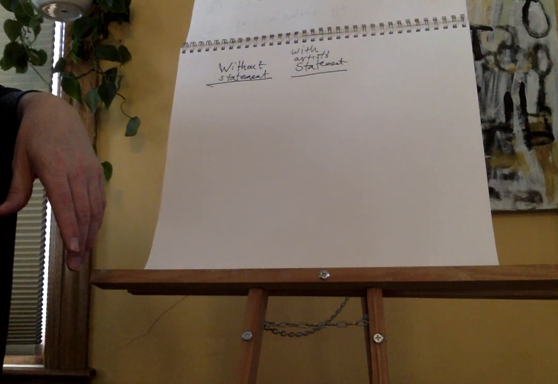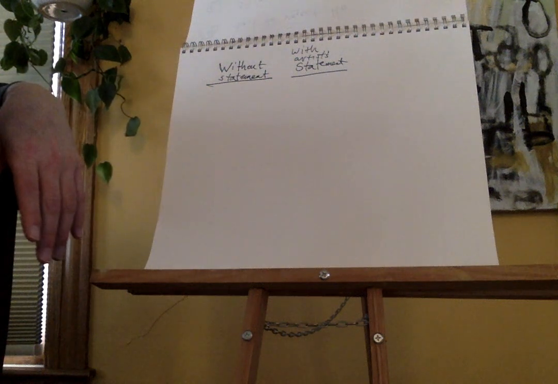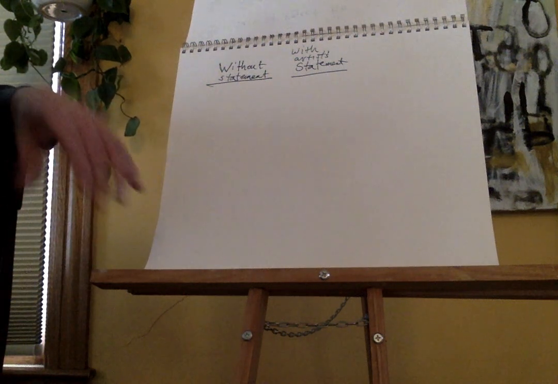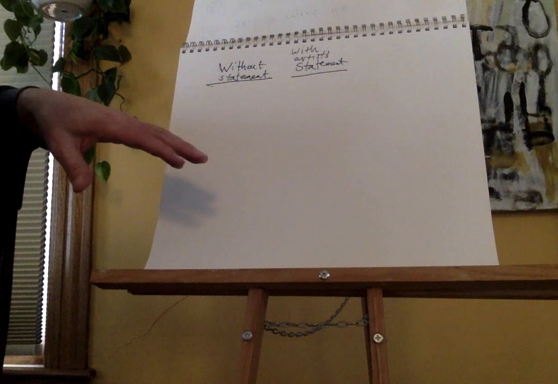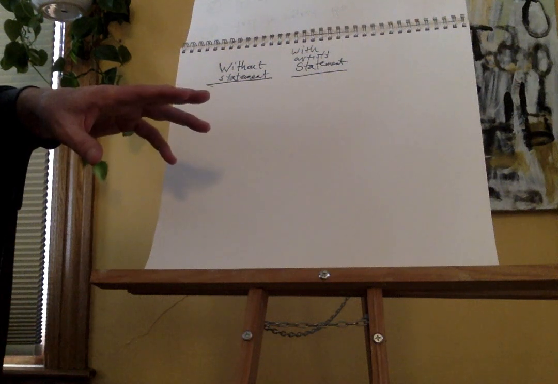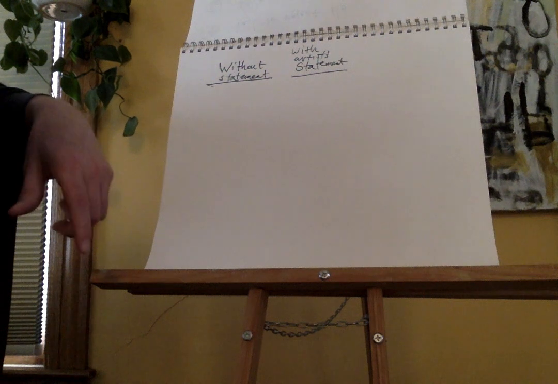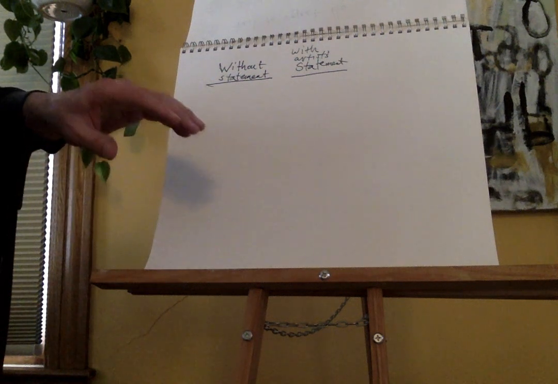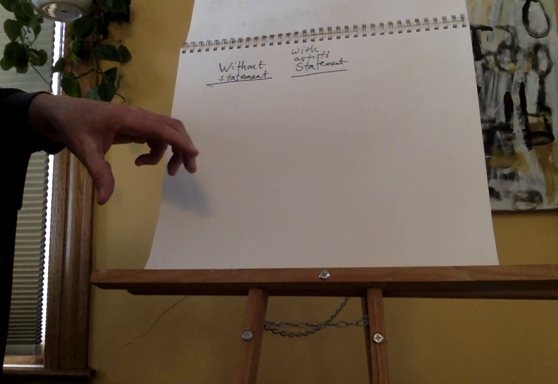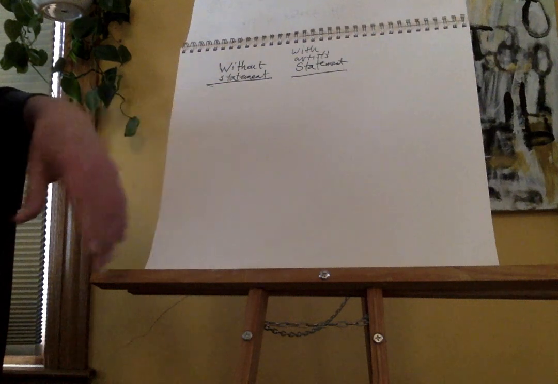Those are the two groups. Let me put some numbers in. And this time we're going to use unequal group sizes, and you'll see where that comes into play in our formula.